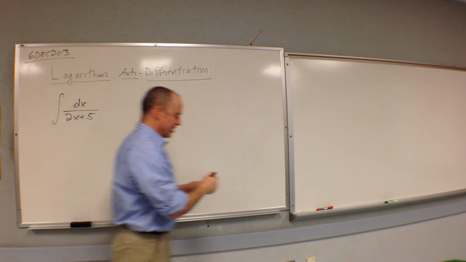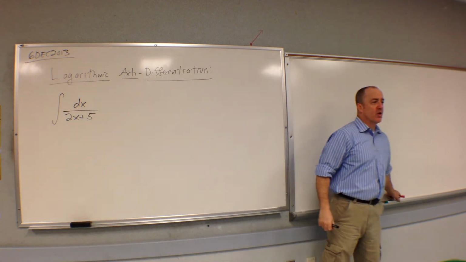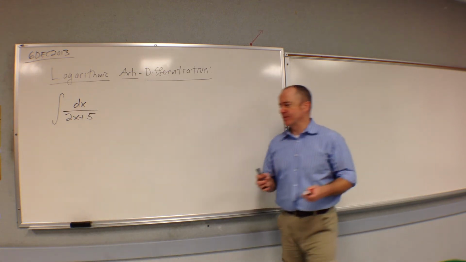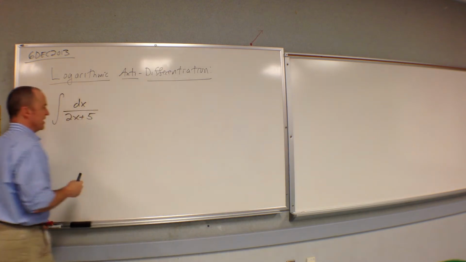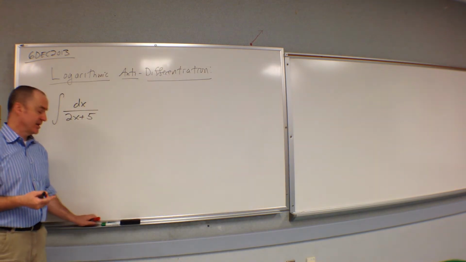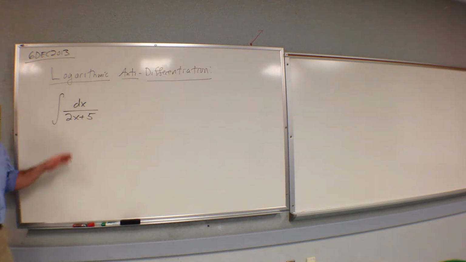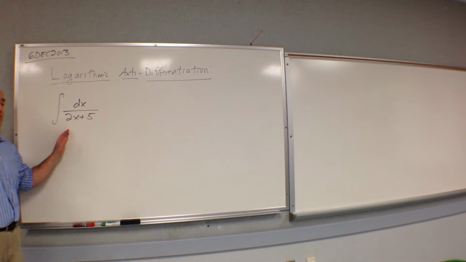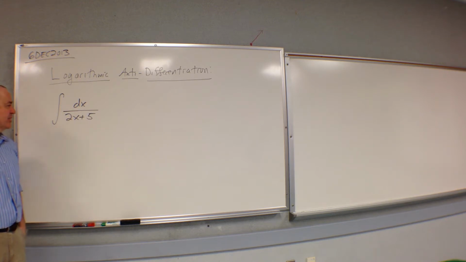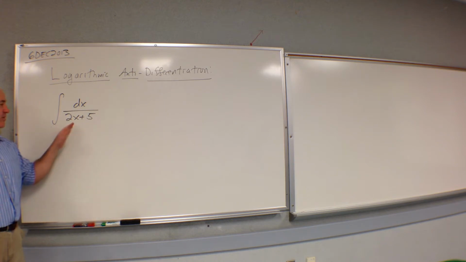Okay, take a look at this antiderivative. The goal now, like with u substitution, is to find the u and the du and make sure that you have both. But now, unlike the other u substitution we did, the u is going to be on the bottom. So what do you think u should be in this one?